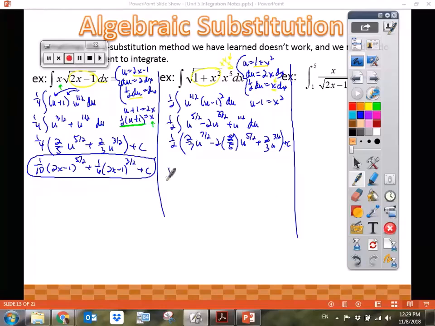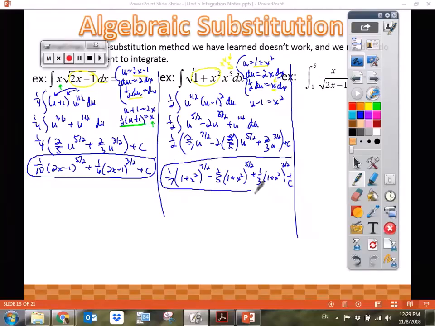So I get 1/7 times 1 plus x squared to the 7/2 minus, and multiply all that together, I get 2/5 times 1 plus x squared to the 5/2 plus 1/3 times 1 plus x squared to the 3/2, plus c. And we got our plus c. Okay, so that is our second algebraic substitution.